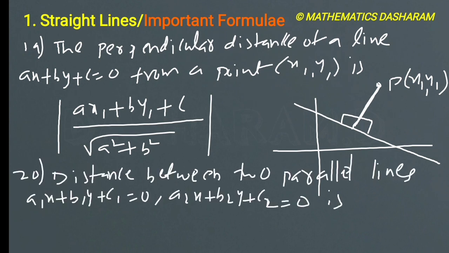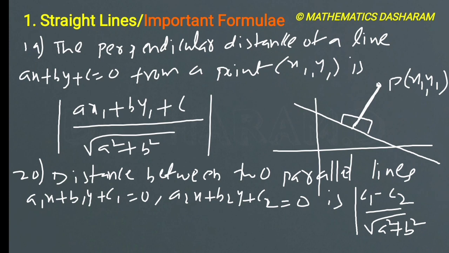The last formula: the distance between two parallel lines a1x plus b1y plus c1 equals 0 and a2x plus b2y plus c2 equals 0 is mod c1 minus c2 divided by under root a square plus b square.